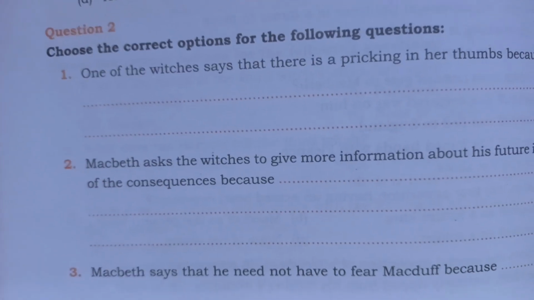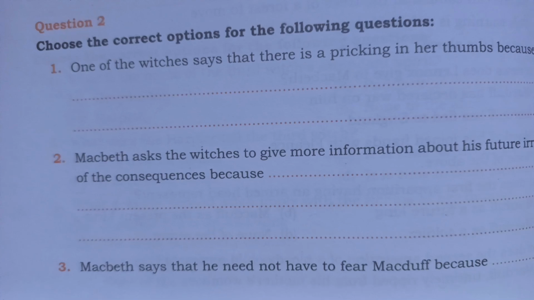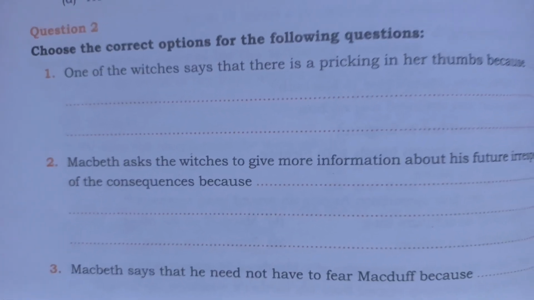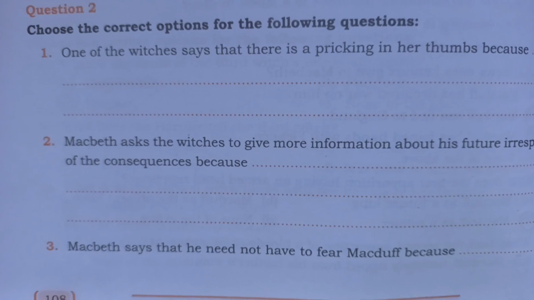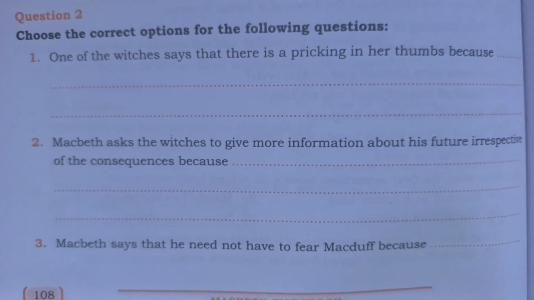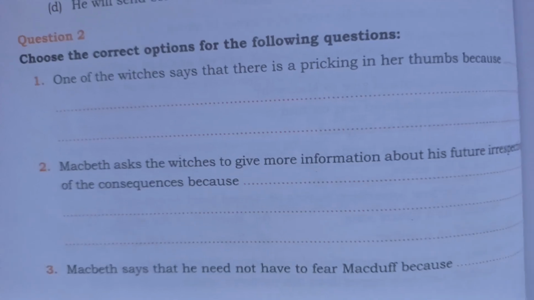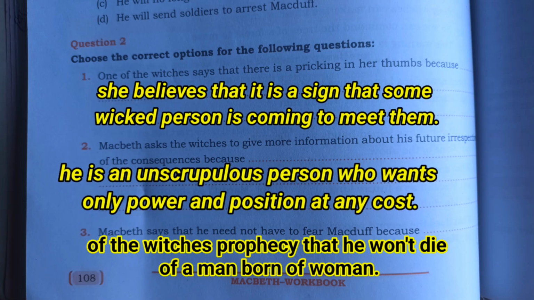Question 2. These are the short question answers. So let's solve it. The first one. One of the witches says that there is a pricking in her thumbs because she believes that it is a sign that some wicked person is coming to meet them.